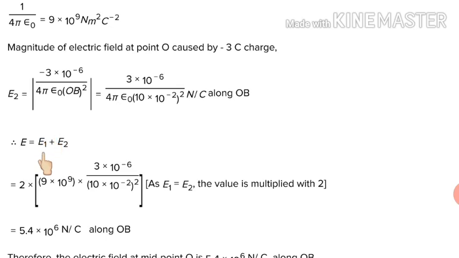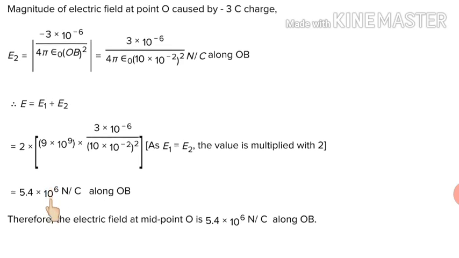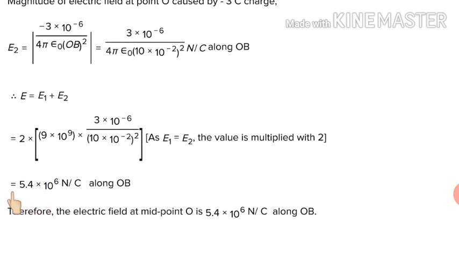We have written the value of E1, we have written the value of E2, and both have the same magnitude, so that's why 2 is included over here. When you solve it, you will have this value, 5.4 into 10 to the power 6 Newton per coulomb, and the direction is along OB, which we have already discussed. So this is the first part of the question.